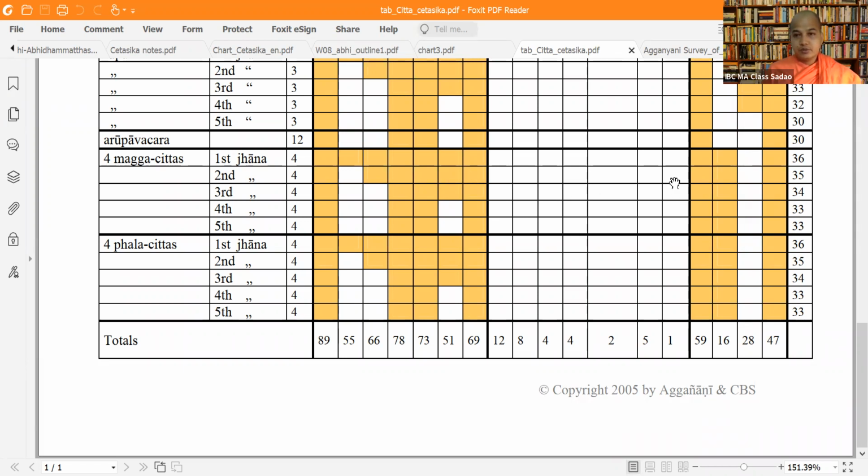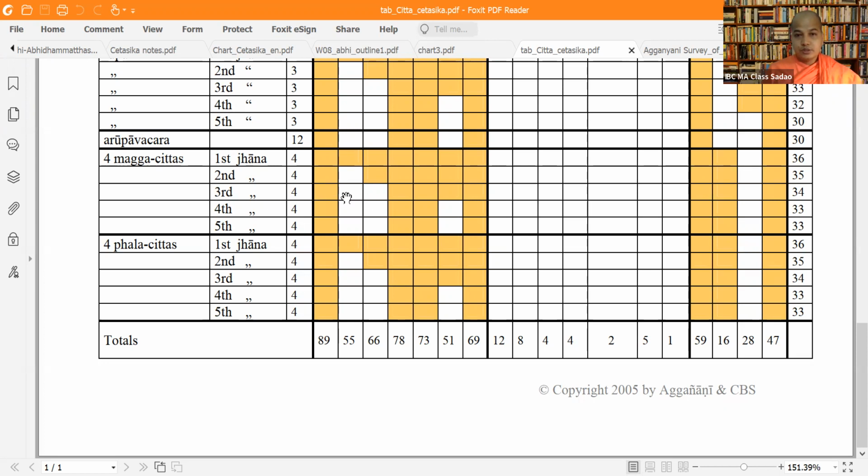And similar to the other Sobhana Chaitasikas, you have all of these present: 19 universal Sobhana Chaitasikas, 3 Virati, and Panya. So just one is absent compared to the previous list. Vitakka is absent.